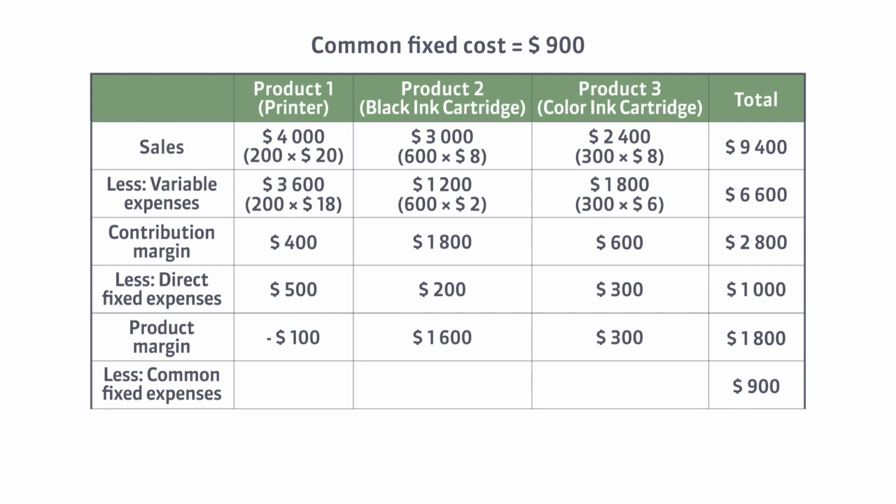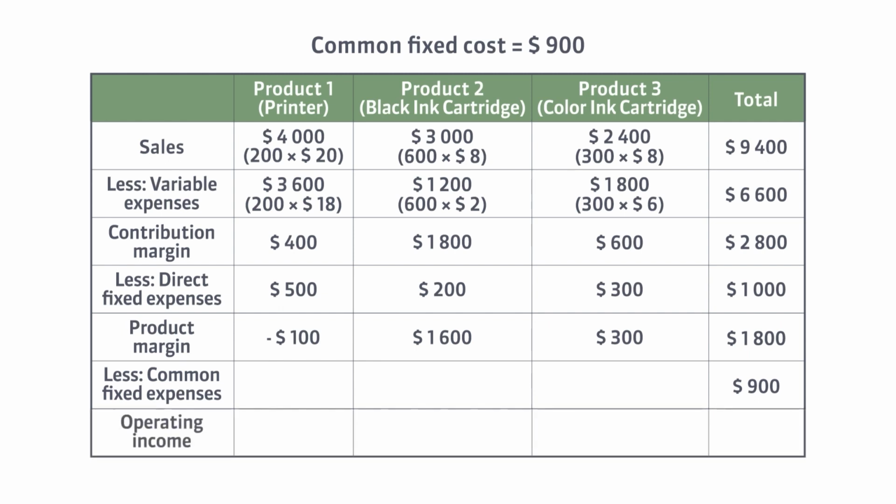Let's assume that they are $900. As you can see, the company as a whole is profitable. The operating income is $900. Somehow, the common fixed costs must be factored into the CVP analysis.